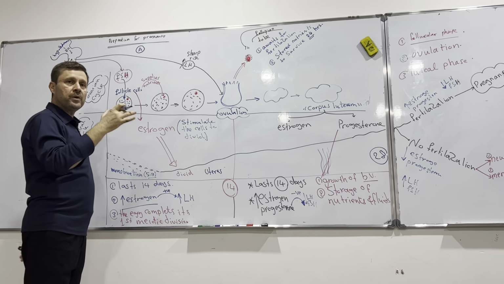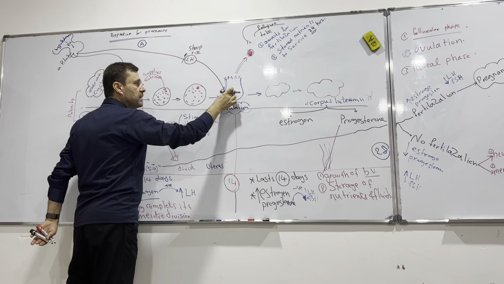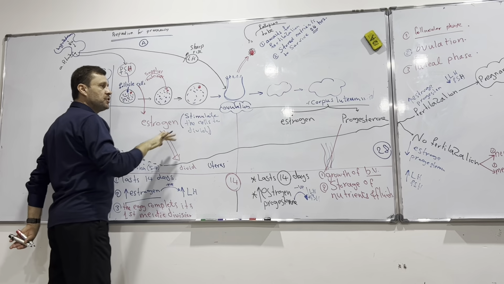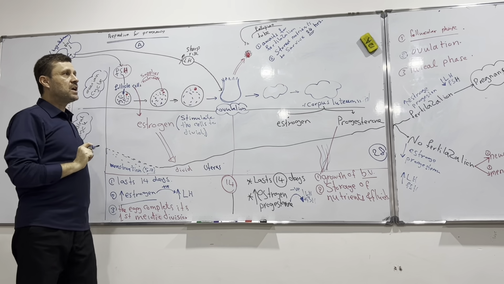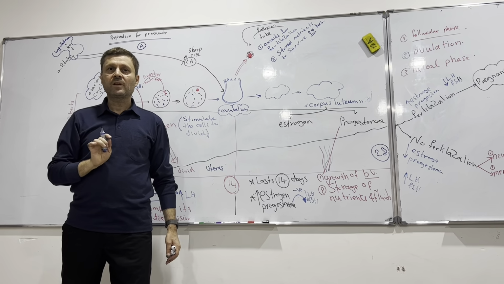The cause of stopping of menstruation is that the follicle cells either grow, rupture or degenerate. And this stage after age 50 when there is no menstruation is called what? Menopause.